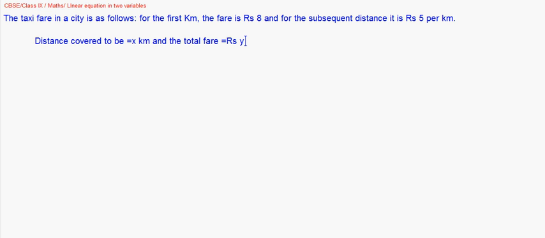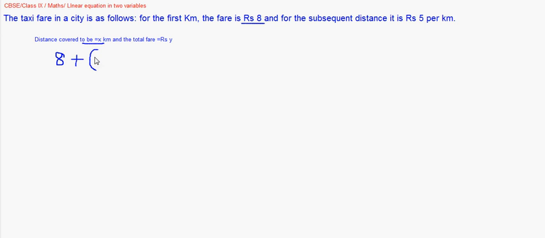That means the total fare, y, will be expressed in terms of the distance covered, x. Whatever the distance covered, the charge of rupees 8 is fixed. So 8 is already there in the equation. The subsequent distance is charged at 5 per kilometer.